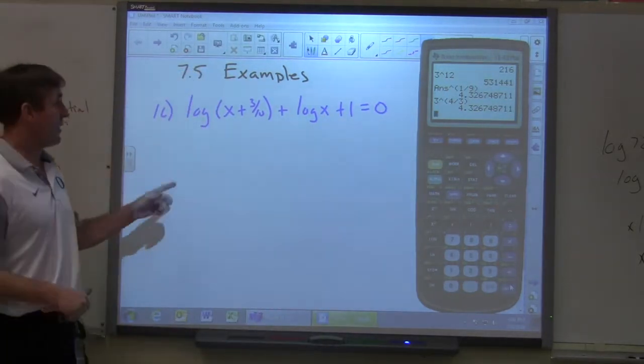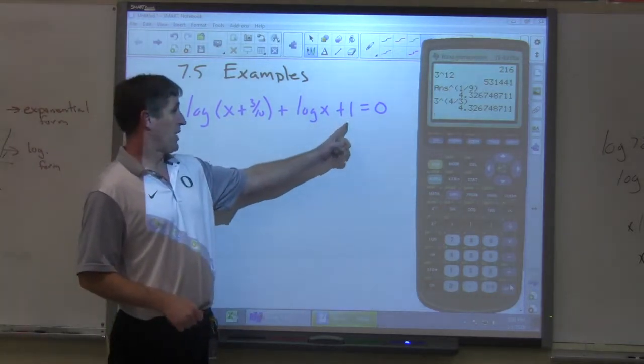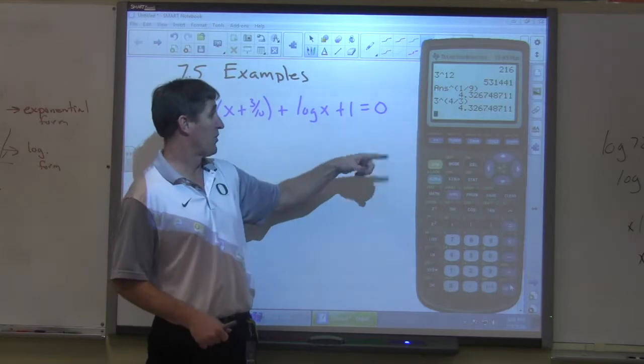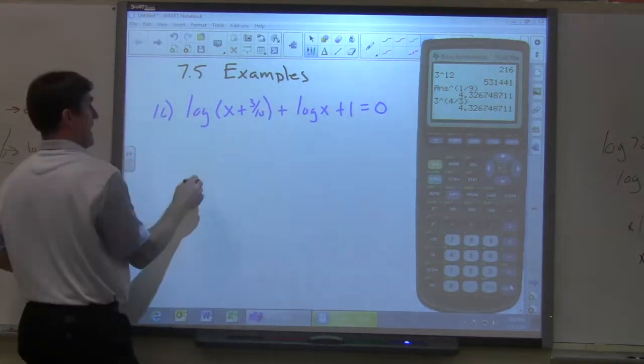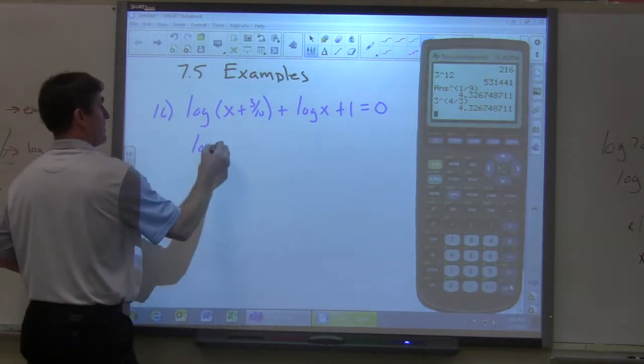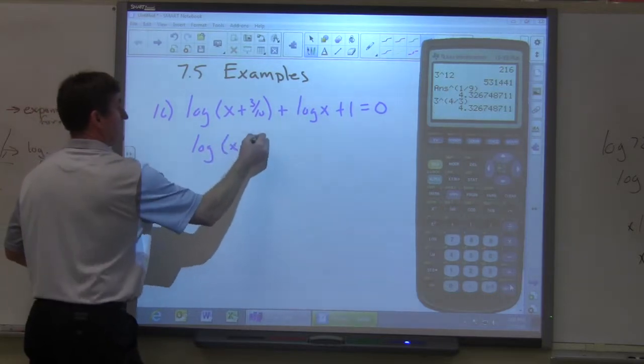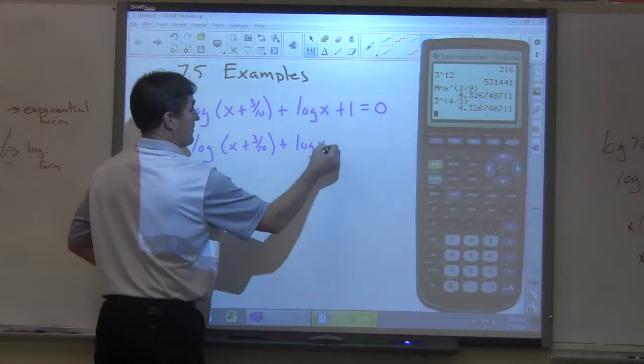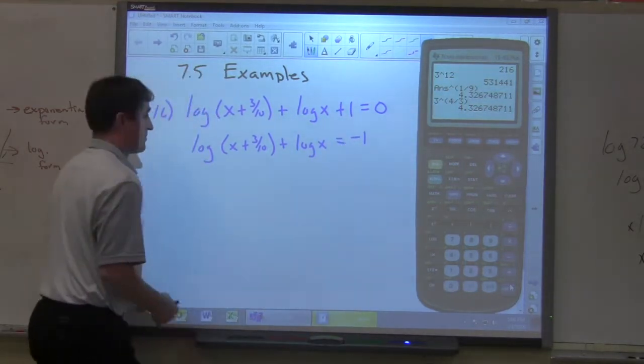So a little bit different here. We have this plus 1 here. Again, our variable, here's our exponent, once we move it over. So I'm going to go ahead and move that 1 to the other side. So I'm going to subtract that 1.